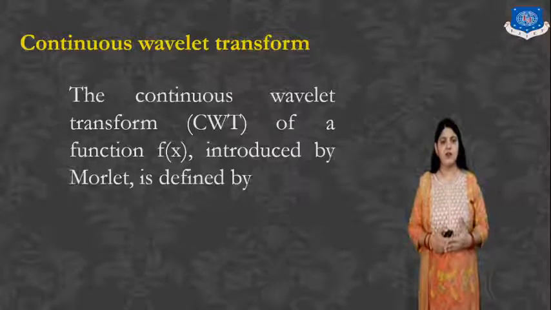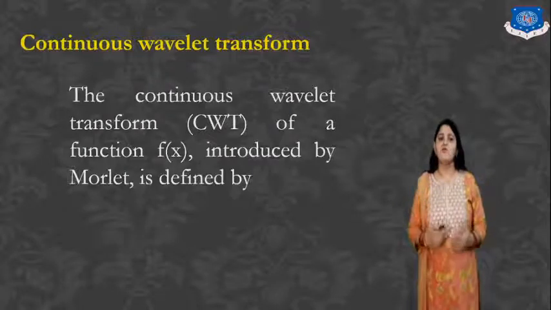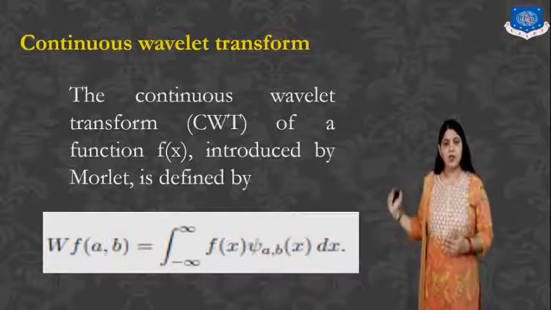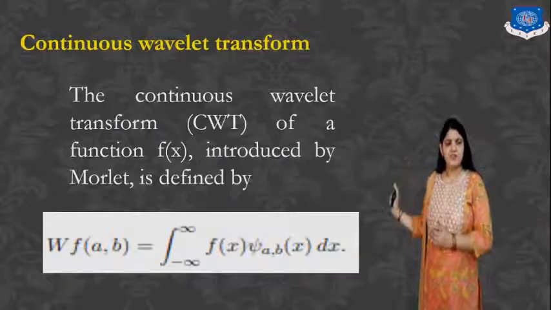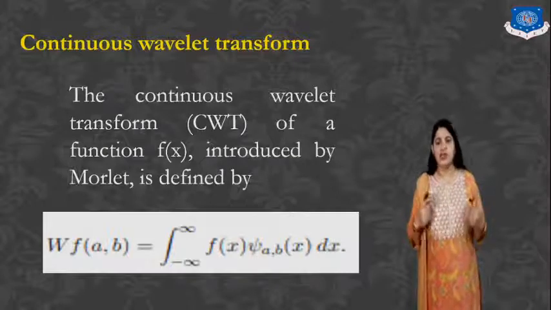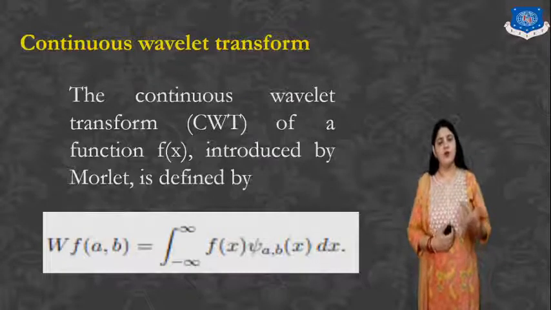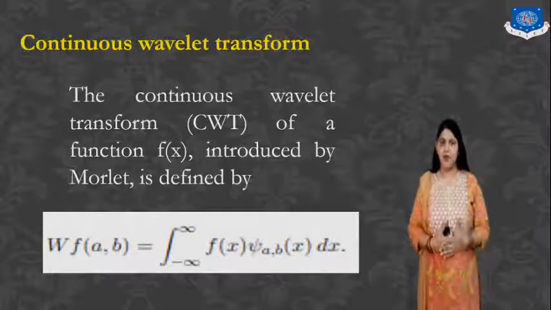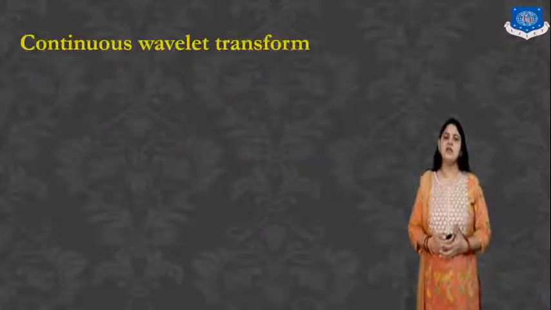The continuous wavelet transform of a function f(x), introduced by the wavelet, is defined by the following equation: W f(a,b) equals the integral from minus infinity to infinity of f(x) psi(a,b)(x) dx. As we know, the windowed function or the spectrogram which we get from the Gabor function is the Fourier transform multiplied with the windowed function defined by Gabor, which gives information in terms of both frequency and time.